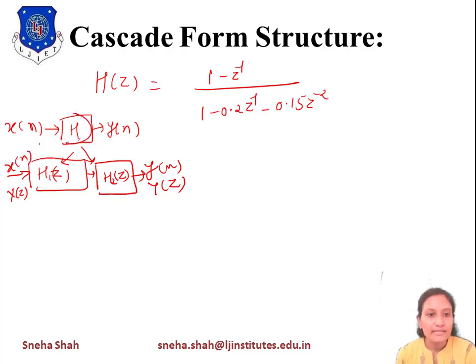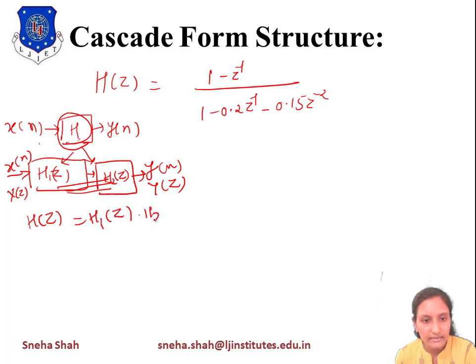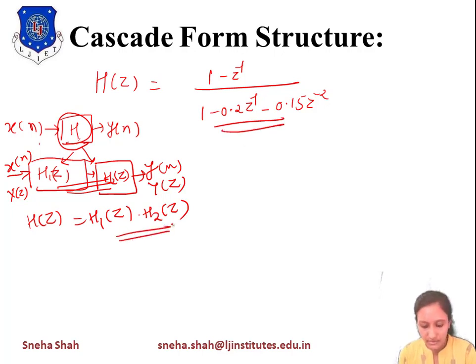So H of z is the cascade form of these two, meaning H of z equals H1 of z into H2 of z.